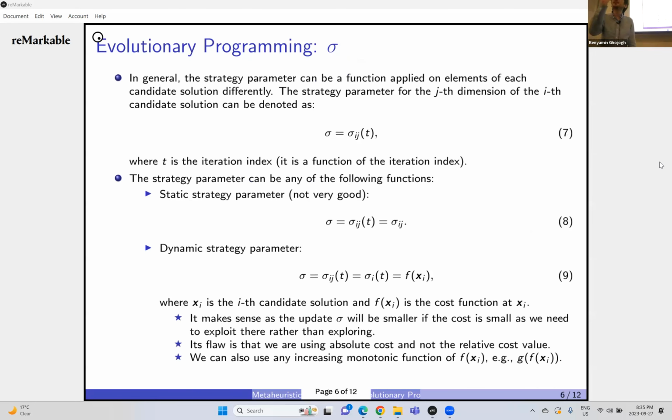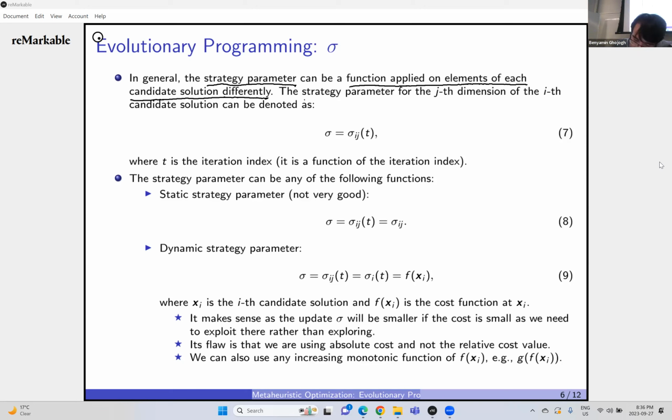Now let's talk about sigma itself, the third thing. Sigma was the strategy parameter. In general, the strategy parameter can be a function applied differently on the elements of each candidate solution. Because each candidate solution is a vector with some elements, sigma can be a function which is applied on the elements of this vector differently.